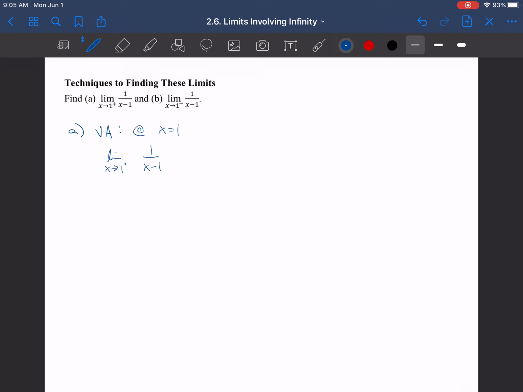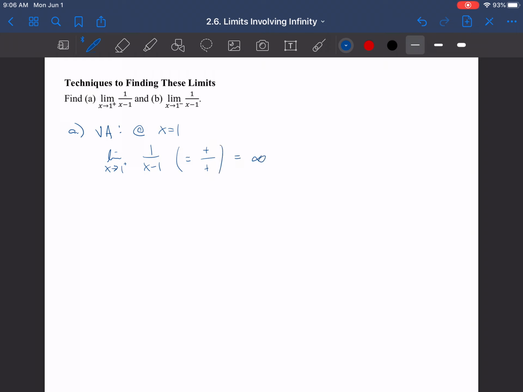If we're plugging in positive numbers, then the top stays positive, and the bottom is also going to be positive because we're coming from the positive side. So we have numbers slightly greater than 1. A number slightly greater than 1 minus 1 is a positive number, which gives us a plus over plus, which gives us an infinity.